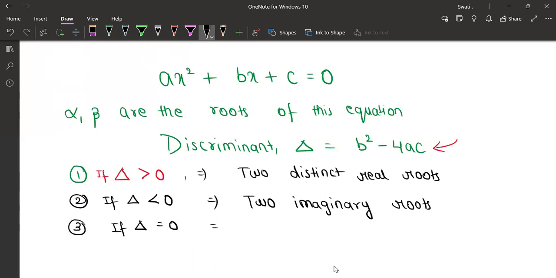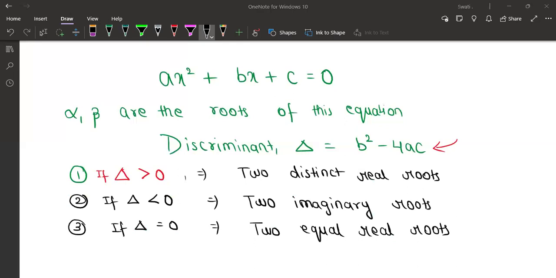You are going to have only these three cases, there will be no other case. It can be less than 0, greater than 0, or equal to 0. In that case, we will have two equal real roots. Unlike the first one, where we had two distinct real roots, here again we'll have real roots, but they're going to be equal, not different.